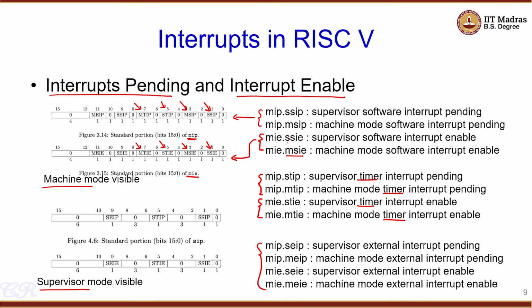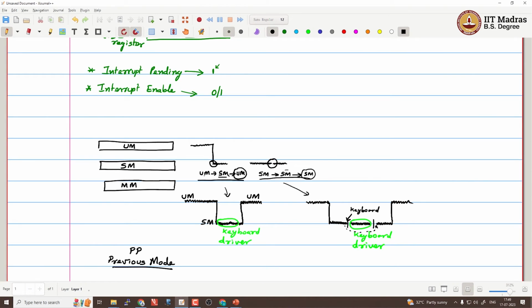Okay. So, now let us say we have the interrupts enabled and we are executing, and we were running in user mode in this example.